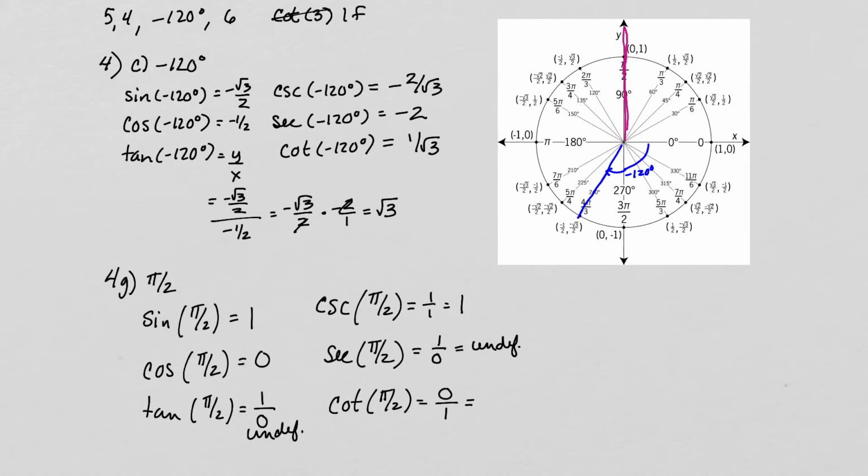That's saying I have no pizza and 1 person in a room. How much pizza is everybody going to get? Everybody's going to get no pizza. So that gives us 0 there. Does that help on 4G? No problem. Any other ones from problem 4?